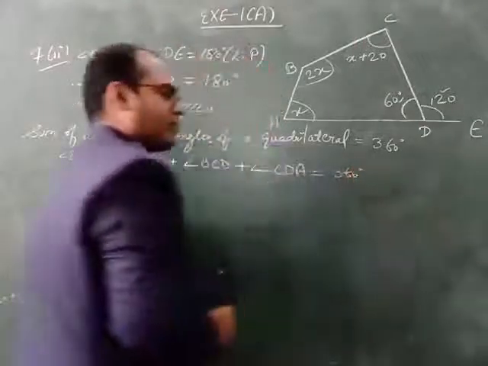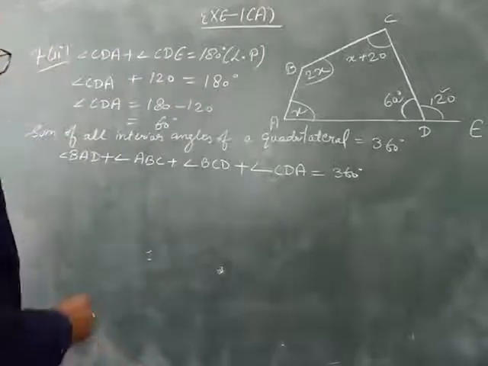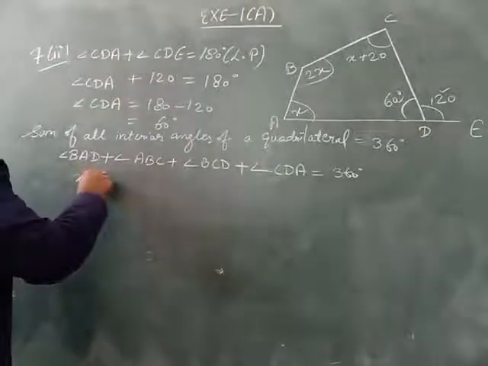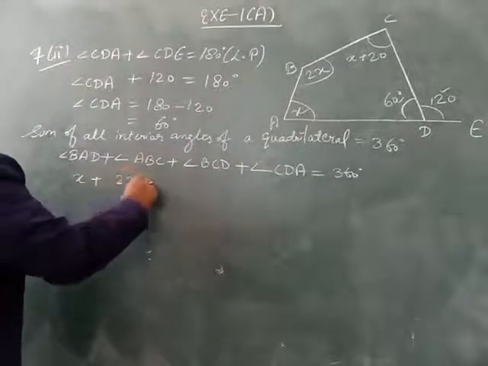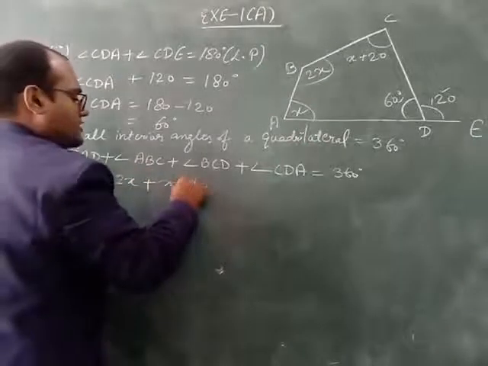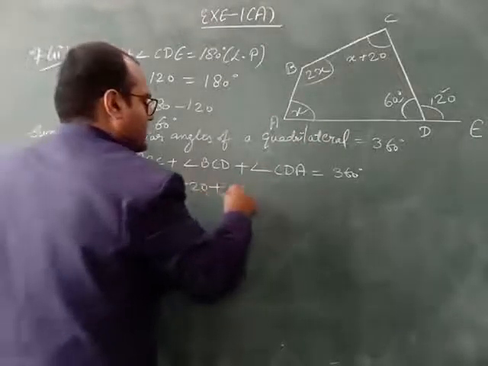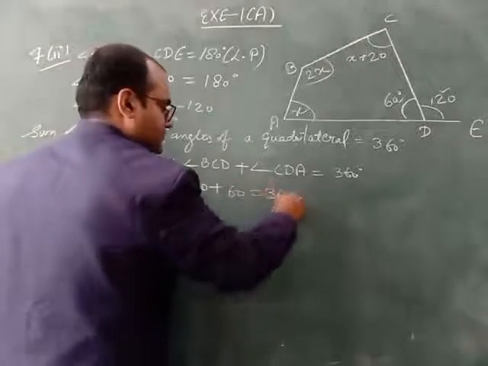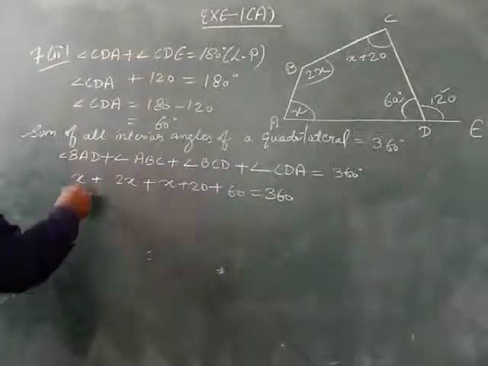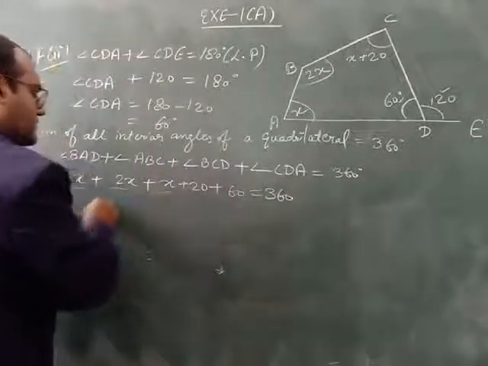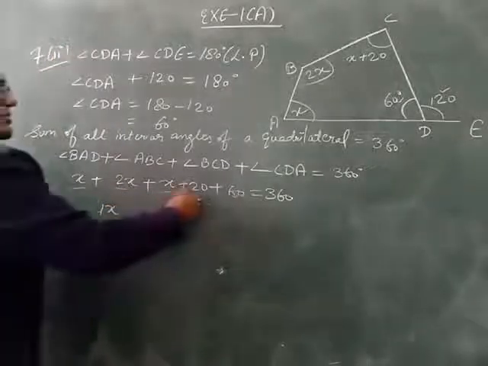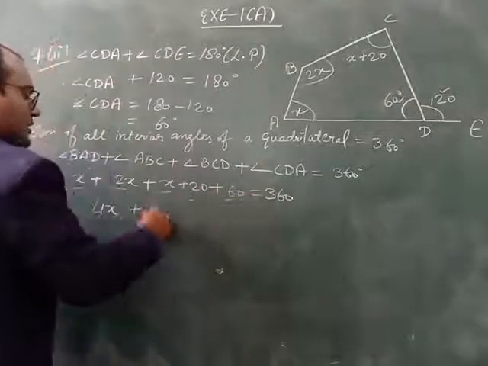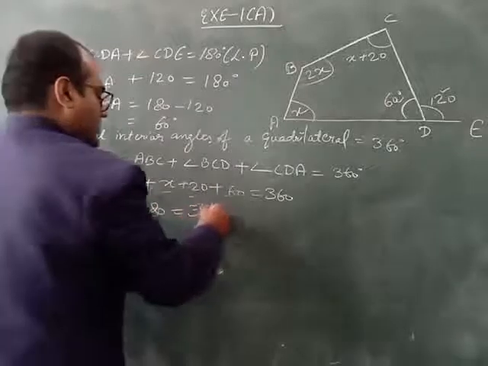The sum of all the four interior angles is 360. DAB is x, the value of ABC is 2x, BCD is x plus 20, CDA is 60. Now x plus 2x is 3x, plus x is 4x, plus 20 plus 60 will become plus 80, is equal to 360.